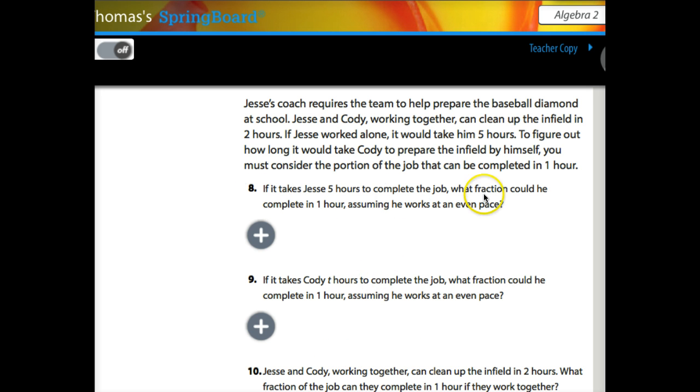So first step along the way that they're having us answer, if it takes Jesse 5 hours to complete the whole job by himself, what fraction could he complete in 1 hour? So 5 hours gets you the whole thing. What fraction could you get in 1 hour?